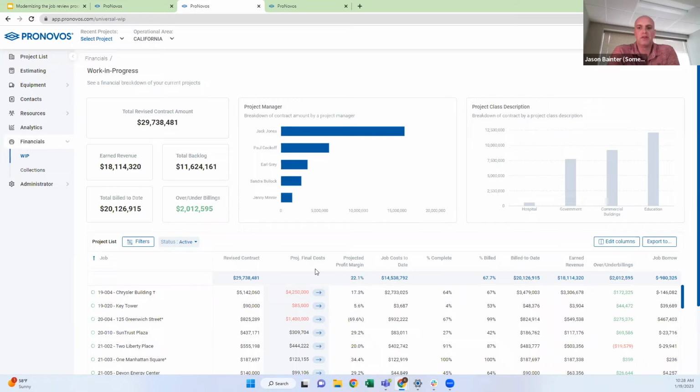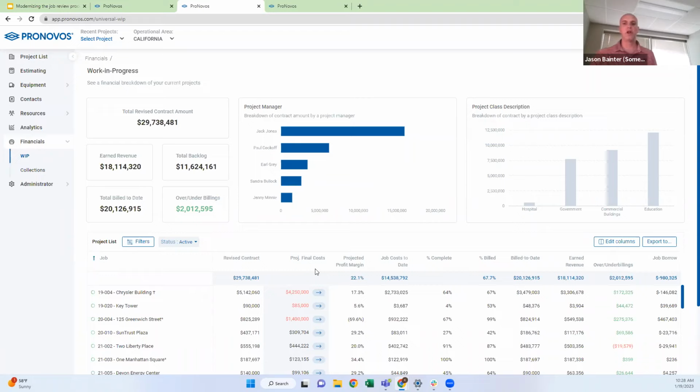And the other issue is just knowing where your job is in progress. If you mistakenly over-progress your jobs, that's going to affect your billings and your projected final costs. It can affect your profit and loss on the overall company's financials.